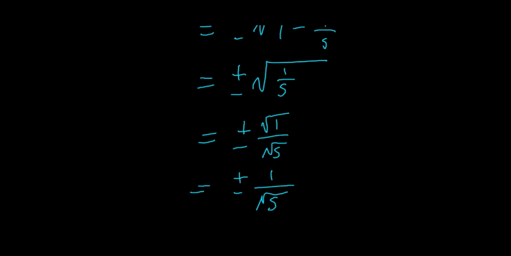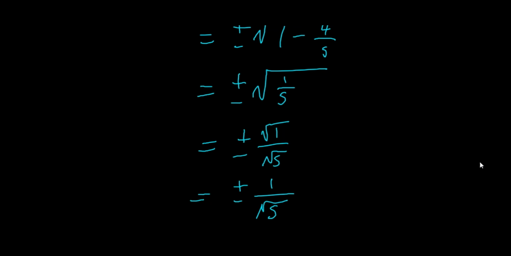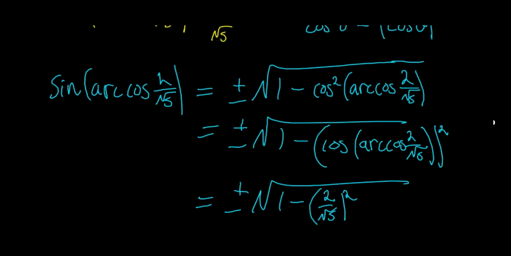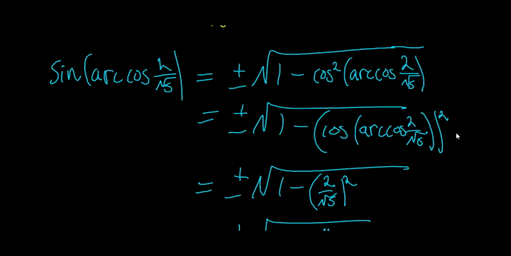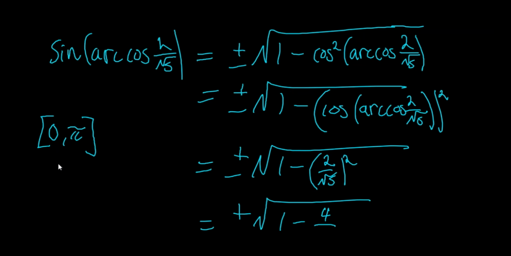Now, all we need to do now is to determine if it's plus or if it's minus. That is, if it's positive or if it's negative. But check this out. We know that the arc cosine function has a range that's from 0 to pi. So this means that we're plugging in to sine some angle from 0 to pi. And check this out.